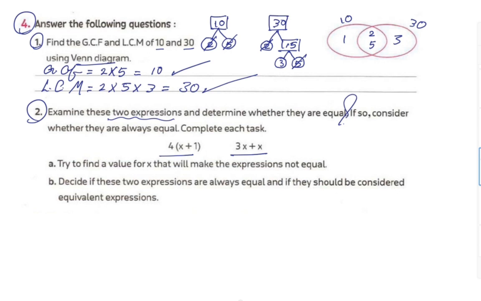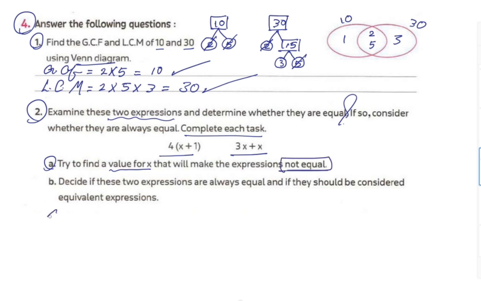But if they are not equal values, we have non-equal expressions. To consider whether they are always equal, complete each task. The first task: try to find a value for x that will make these expressions not equal.